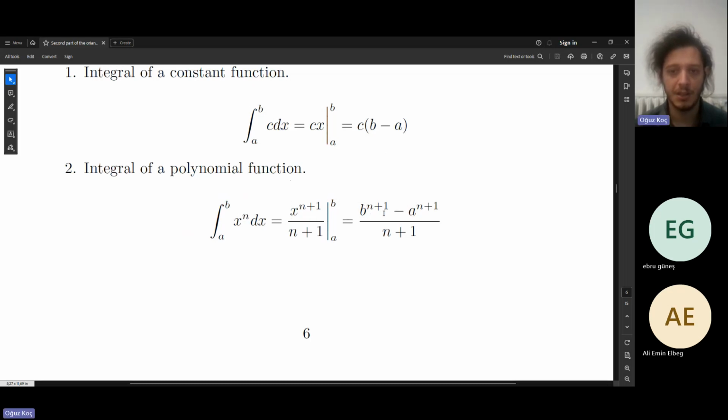We put b here, and then we multiply by minus, and then we put a, and this is the common factor again as a denominator, and then we have the simplified version of the integral of this polynomial.